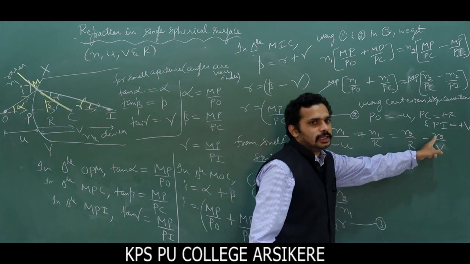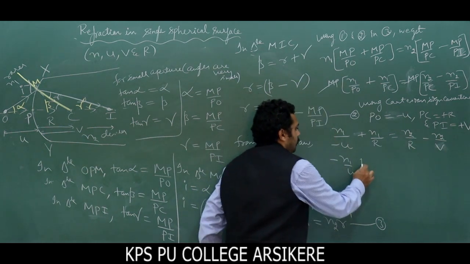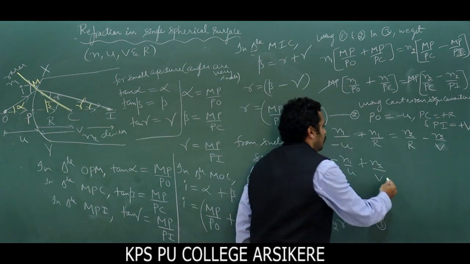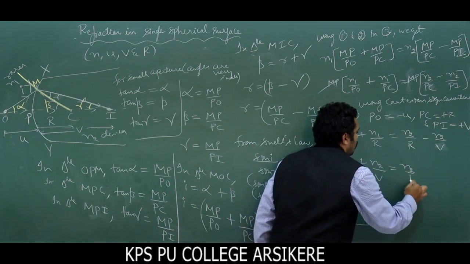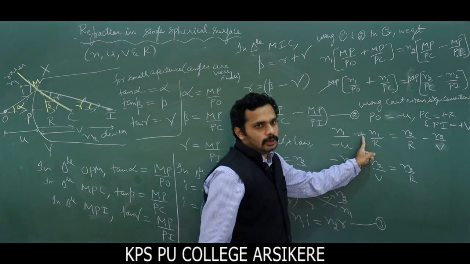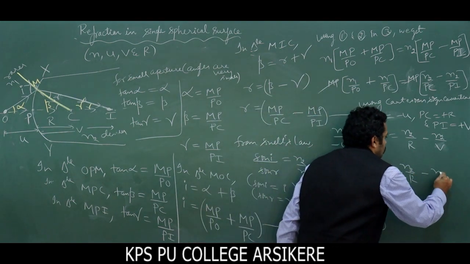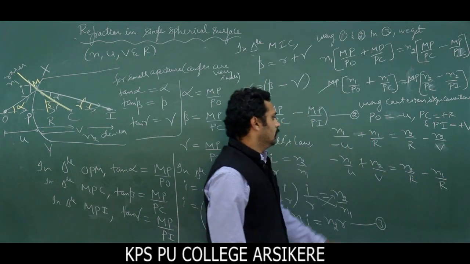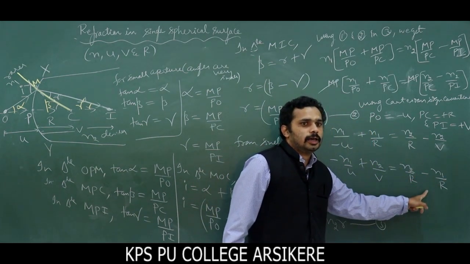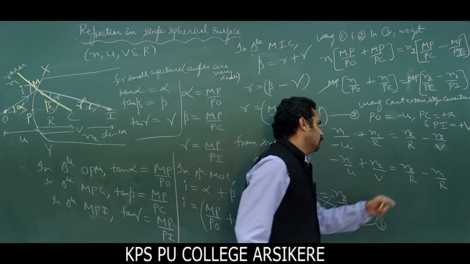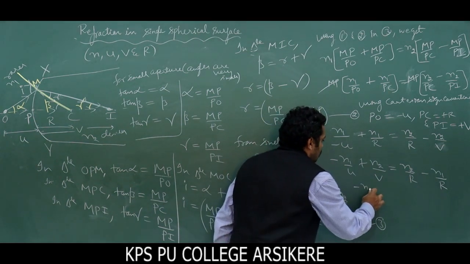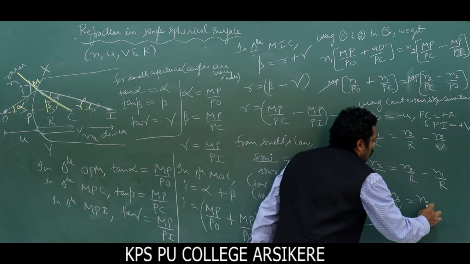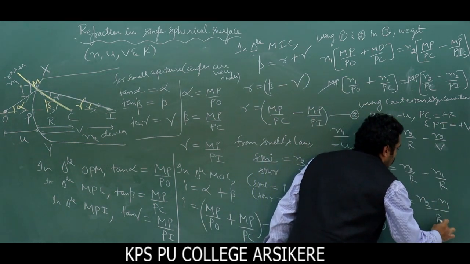You take minus N2 by v to the left hand side; it is plus N2 by v. Just by rearranging the terms, N2 by R plus N1 by R to the right hand side. Here the denominator R is there, take common denominator. Here minus N1 by u plus N2 by v is equal to N2 minus N1 by R.